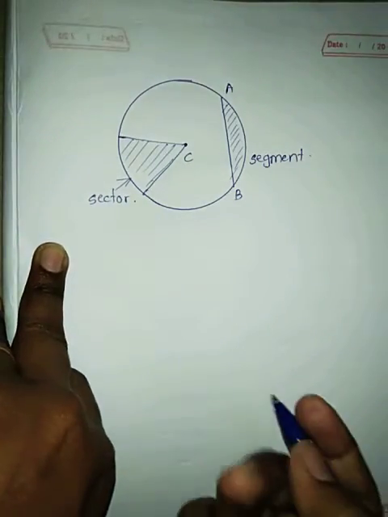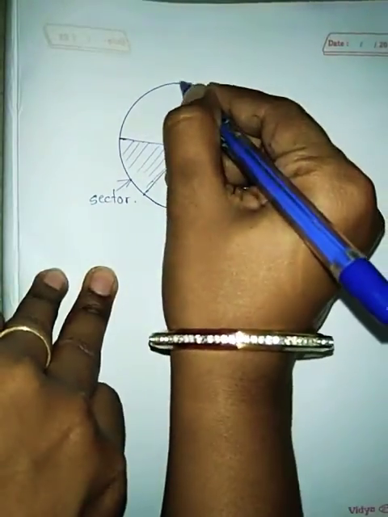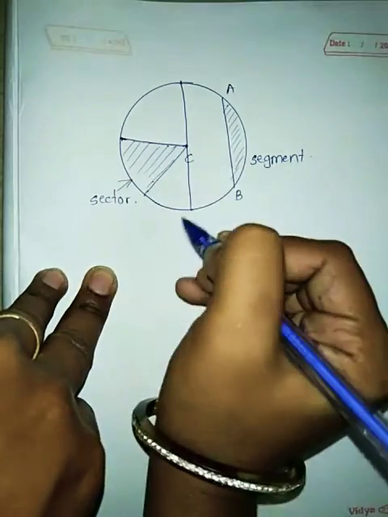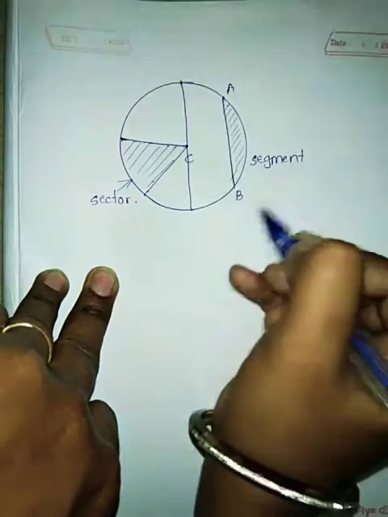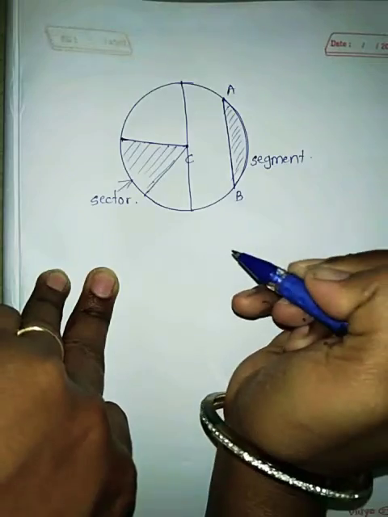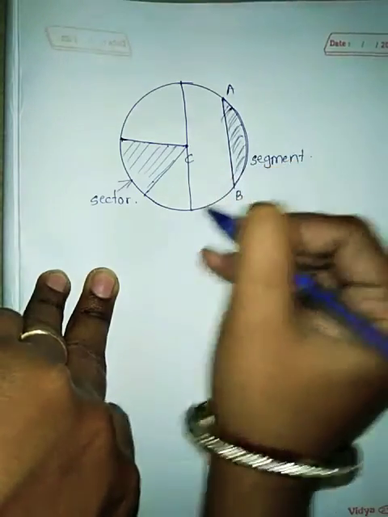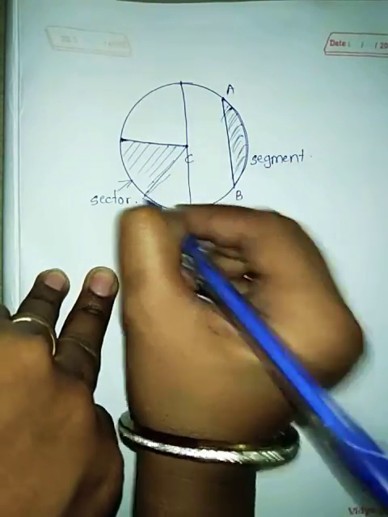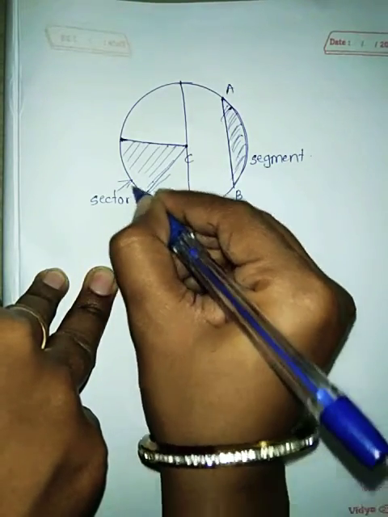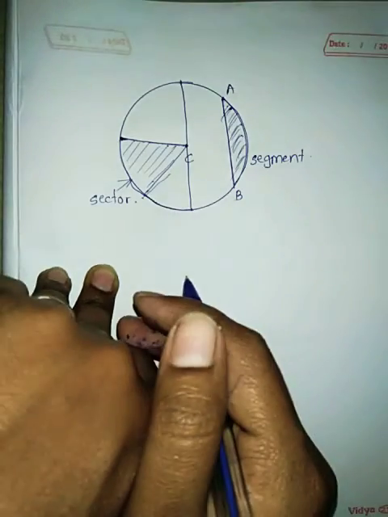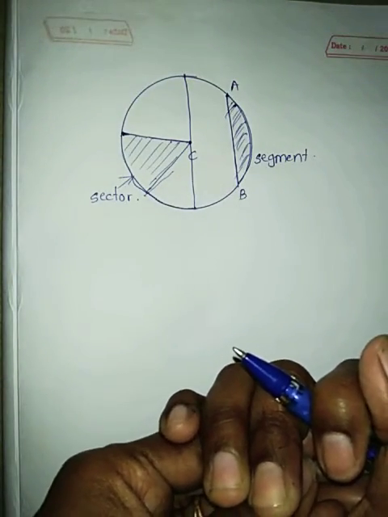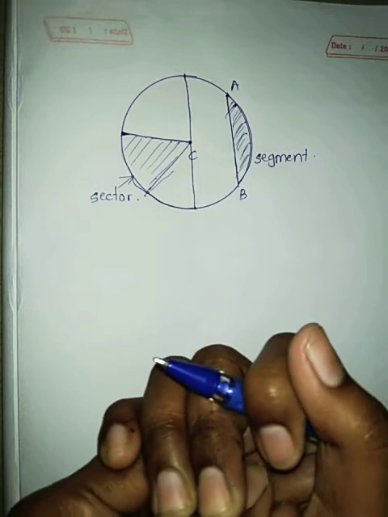Okay, what we have learned? Suppose this one is the diameter, this one is the radius, this one is a chord, and this one is an arc. Inside this is the segment, and this is the sector. If I start from this point, the total distance around the full circle is called the circumference.